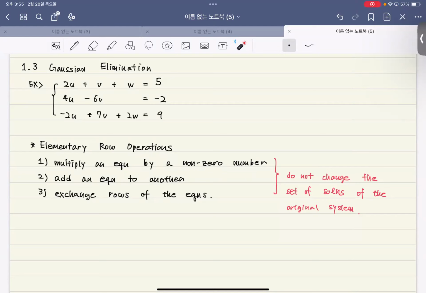An upper triangular system is a system of linear equations consisting of n unknowns and n equations, but whose coefficients below the diagonal equal 0. That is what I mean by upper triangular system. And by using elementary row operations only, you can always convert any given system into the upper triangular shape. So I'm going to show you how.